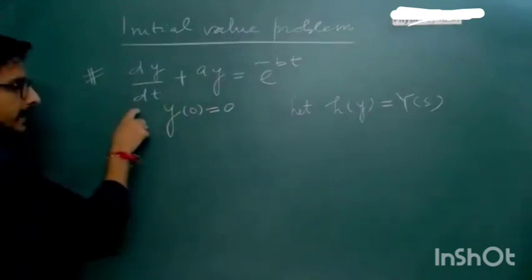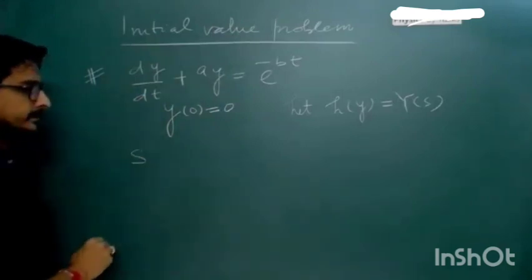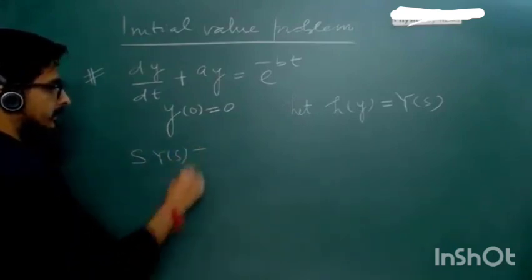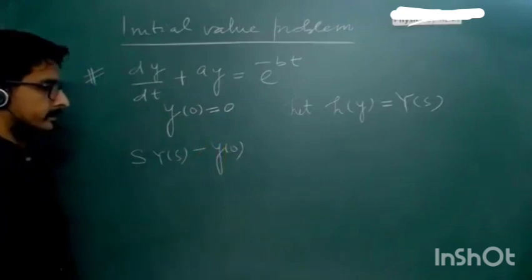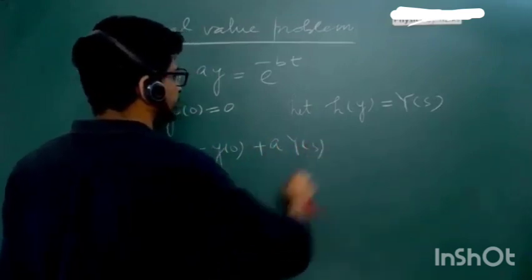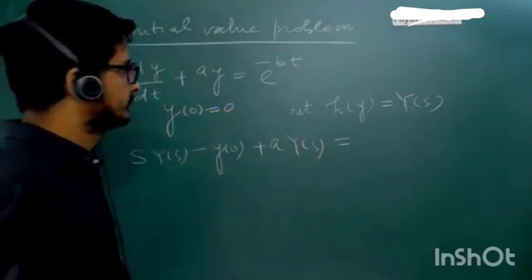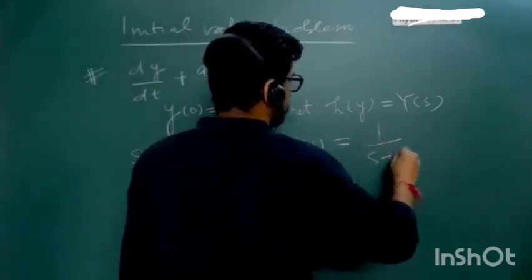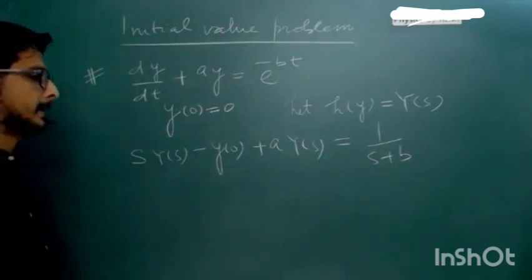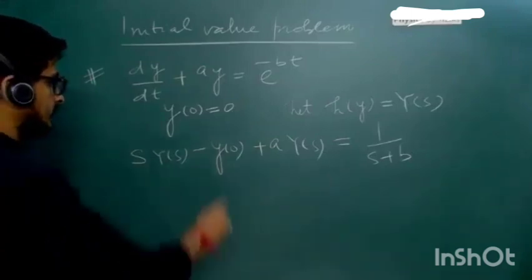So what will be formed here? Apply the derivative formula: sYs minus y0 plus aYs is equal to 1 upon s plus b. Tell me, is it understood? Yes, sir.